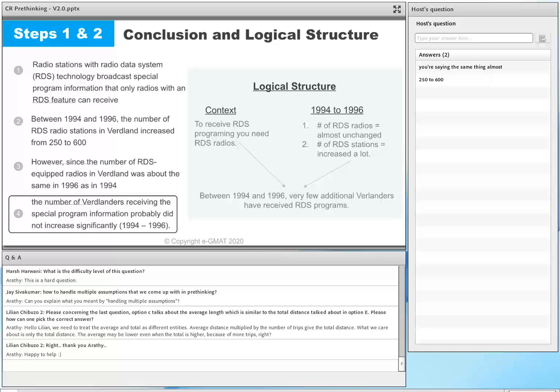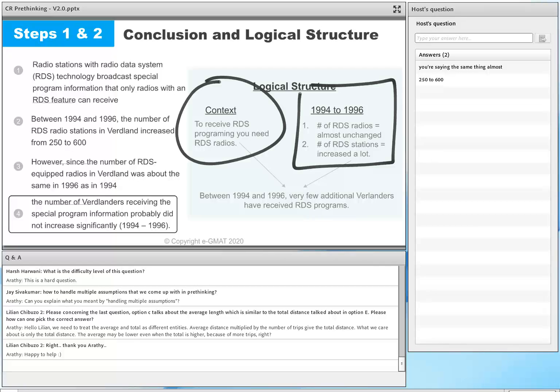So just this logical structure, the context says to receive RDS programming, you need both. You need to be in range of an RDS station. You also need an RDS radio. Between 1994 and 96, the number of RDS radios remained the same. The number of RDS stations went up a lot. Based on this, this is what my author is saying. The number of people receiving special program information did not change a whole lot.